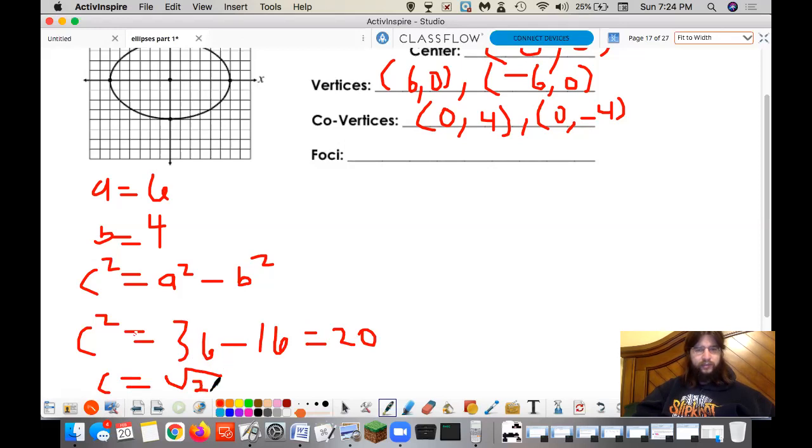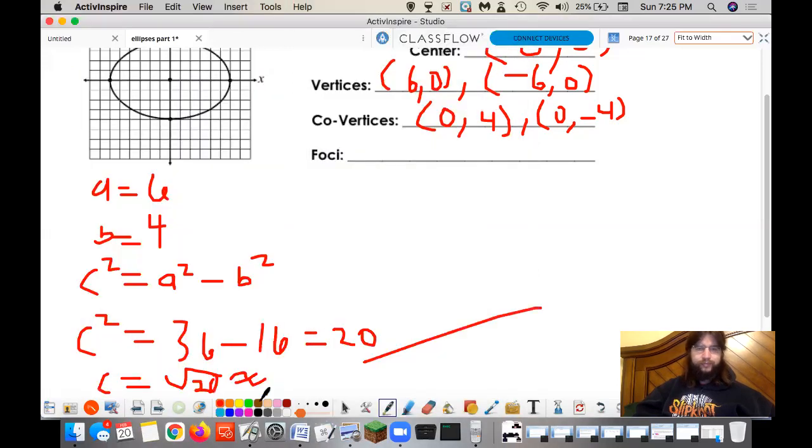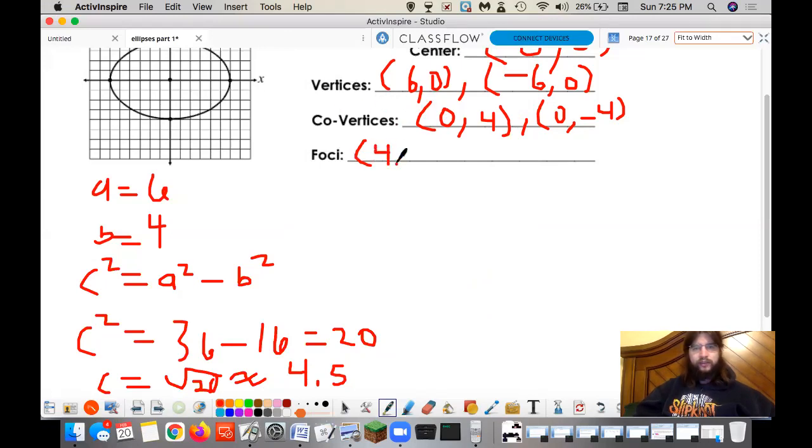That's 4.5-ish, I believe. Let's get a decimal. Square root of 20 is 4.5. We're just going to go to one decimal place. Foci are always on the major axis. In this case, it'll be the horizontal axis. So 4.5, 0, and -4.5, 0.